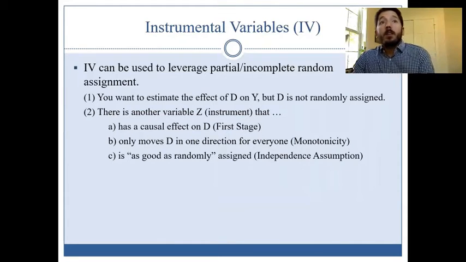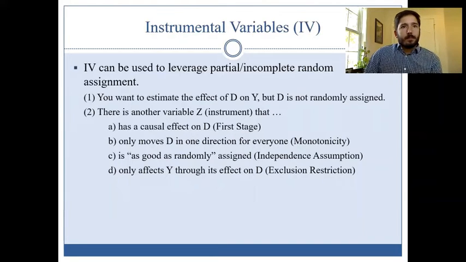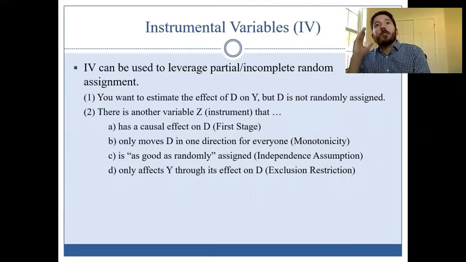And this other variable Z is as good as randomly assigned, right? So we do have some nice random assignment with Z, but Z isn't exactly the treatment that we're after getting the causal effect of, right? And then this is an important one that's easy to kind of forget about. The only way that Z affects our outcome is through its effect on whether or not we receive the treatment.